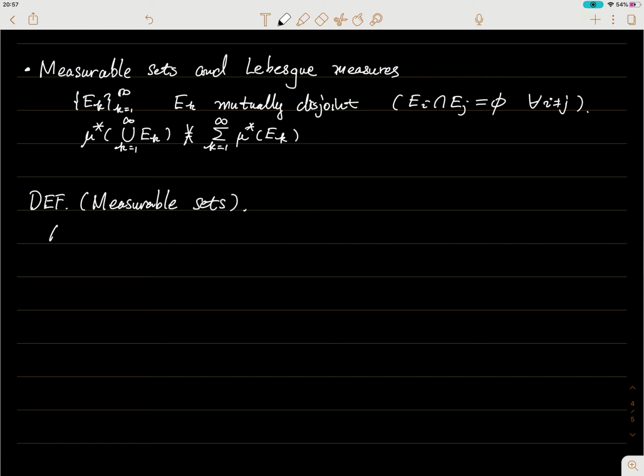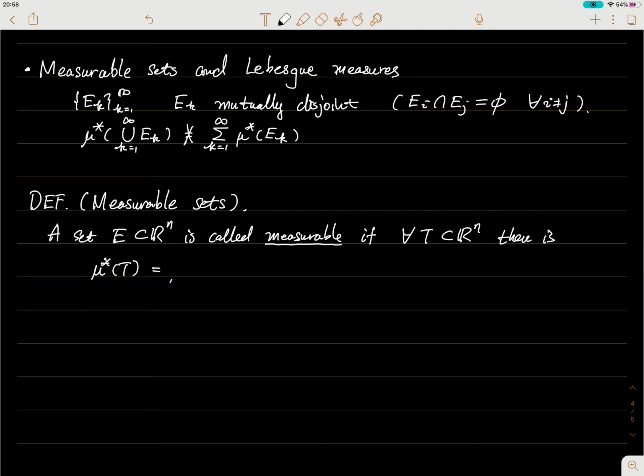A set E is called measurable if for any set T, the outer measure of T equals the outer measure of the intersection of T and E, plus the outer measure of the intersection of T and the E complement. In this case, we call T a test set.